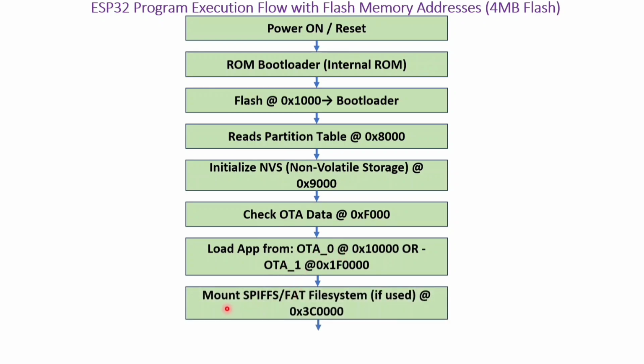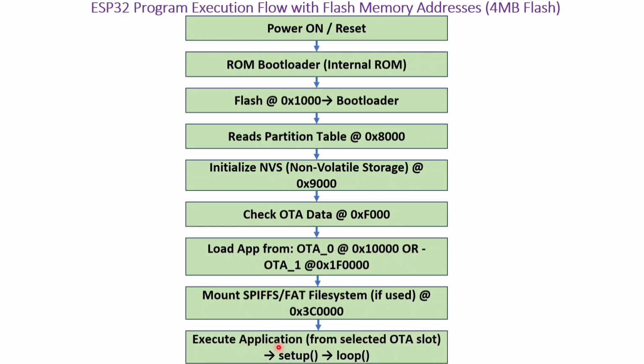Now in your program, if you are going to use a file system, for example, if you have web pages or configuration files or log files, you can store them at location 3C0000. So it will also support storing a file system. And finally, it will execute the application from the selected OTA slot, either OTA 0 or OTA 1, based on the OTA data available here.